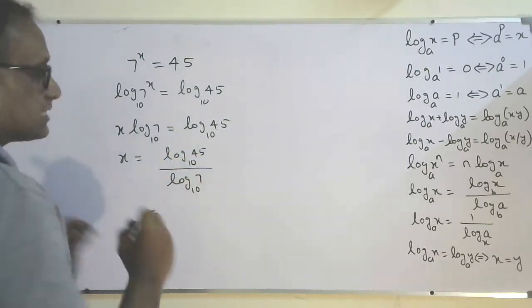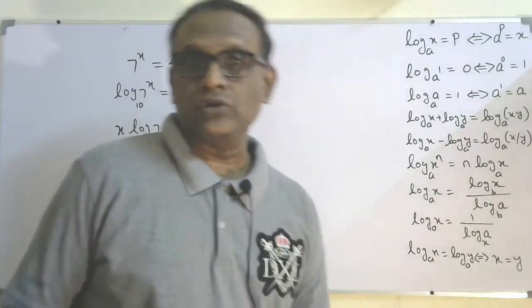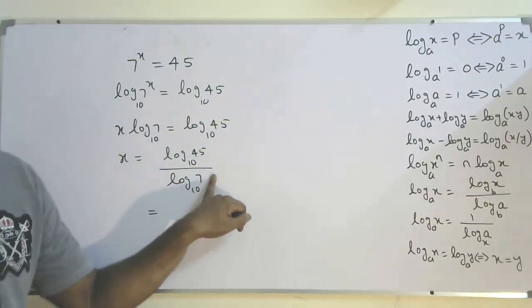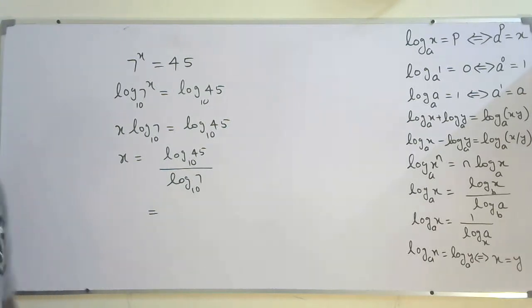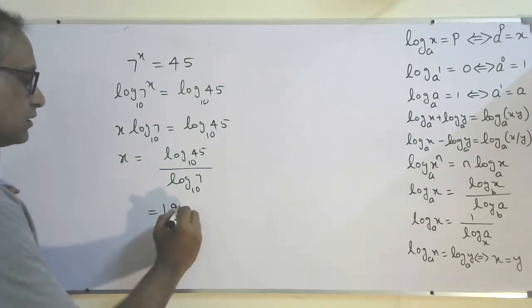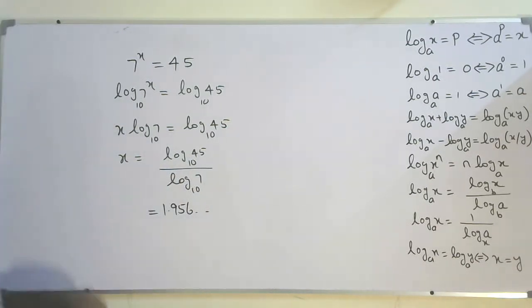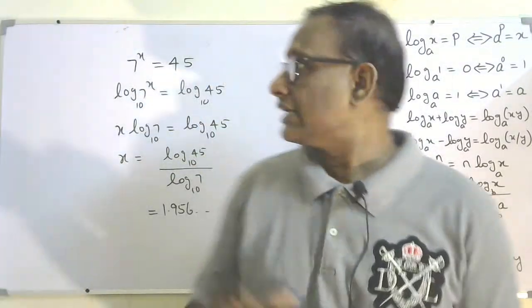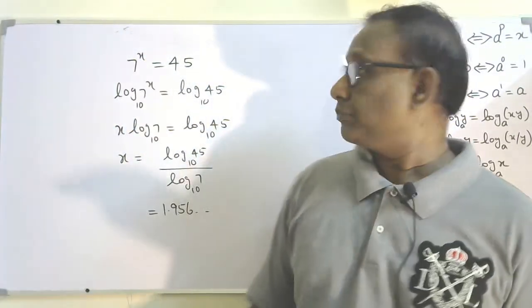We can get this from your scientific calculator. You will find log 10 of 45 and log 10 of 7, and you will finally get 1.956, and so on. So that's the way we find the value of x if it is an index of a number.